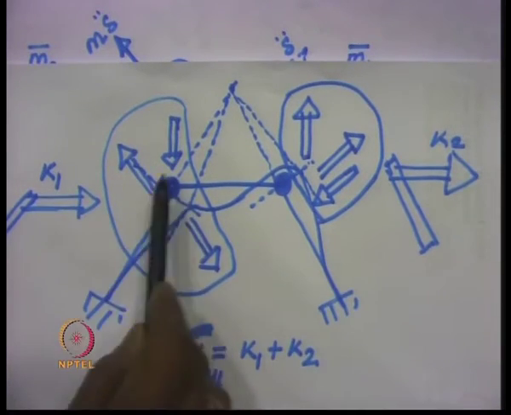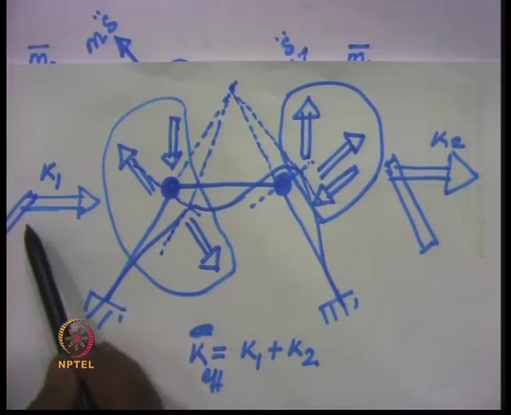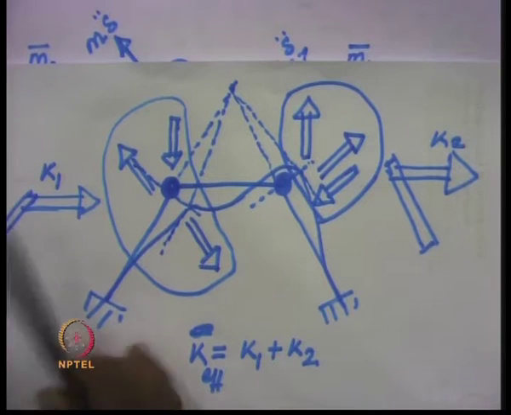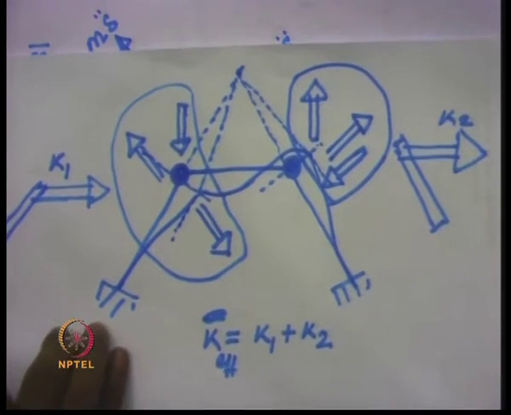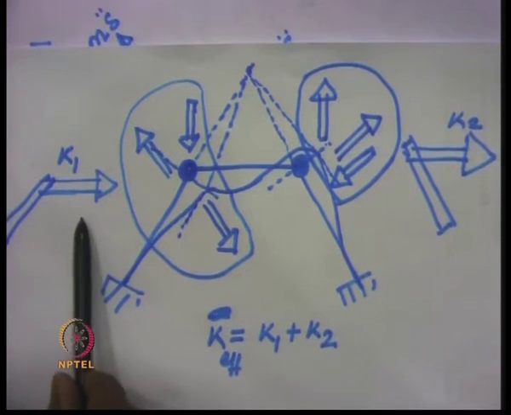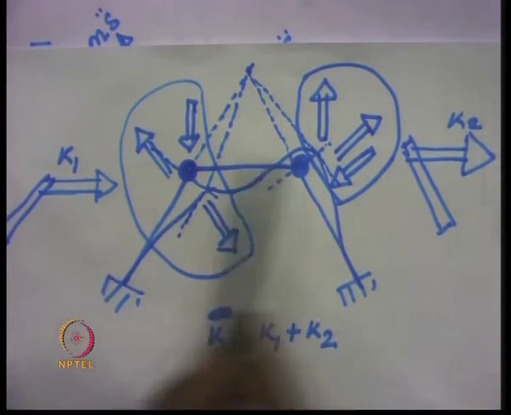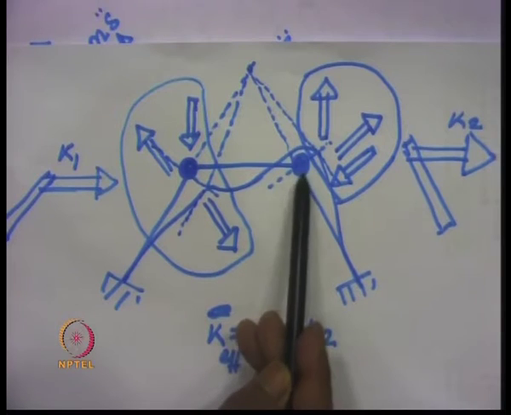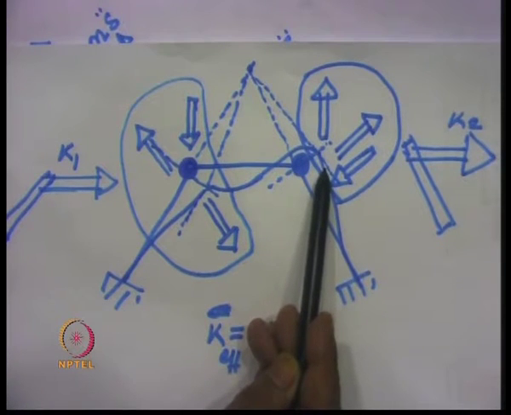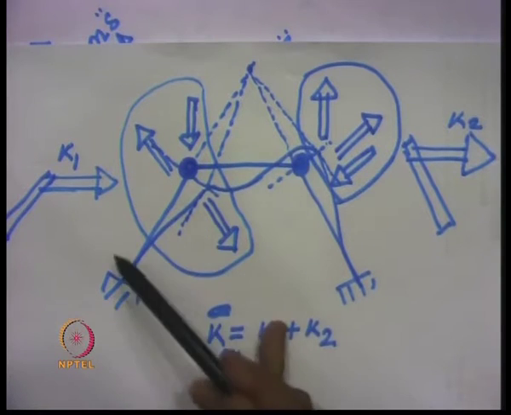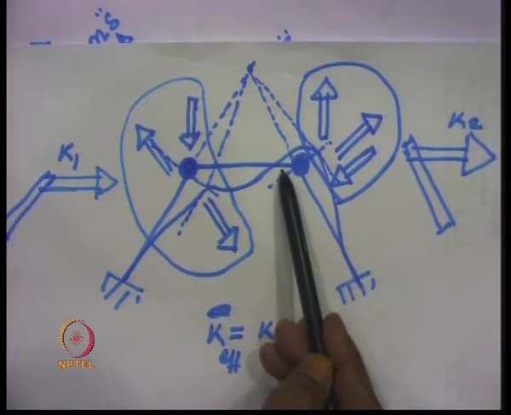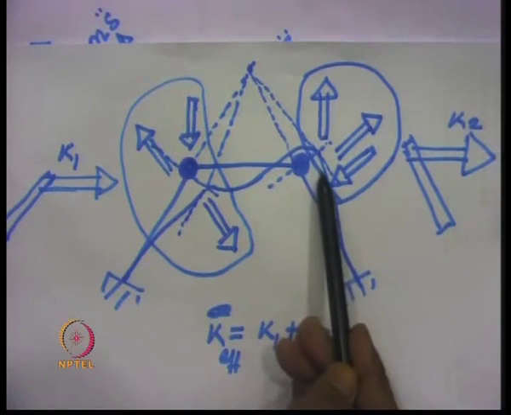Similarly, here also these three forces can be resolved, one along this length and the other in the horizontal direction, that is the direction of the sway. The sum of these two will be the force required to produce unit displacement, and that defines the stiffness of this inclined leg portal frame corresponding to a sway movement of unity.